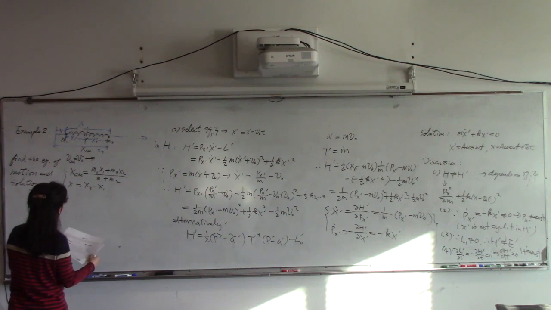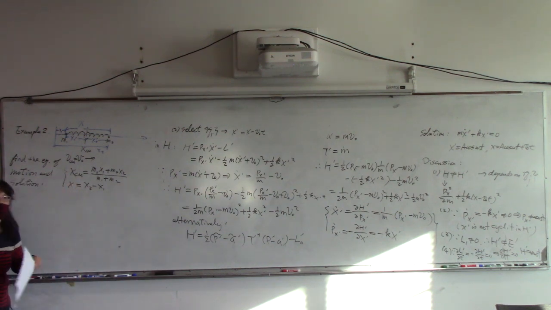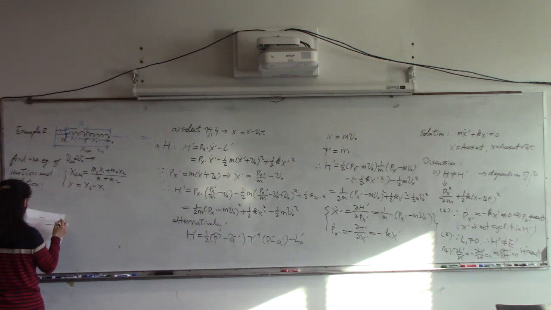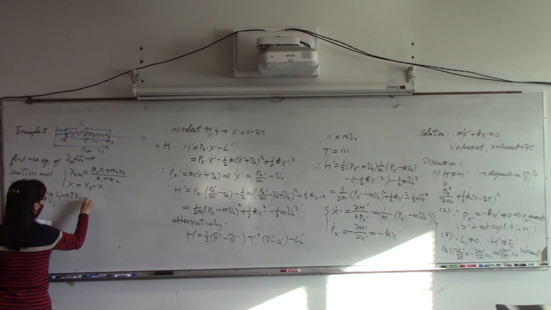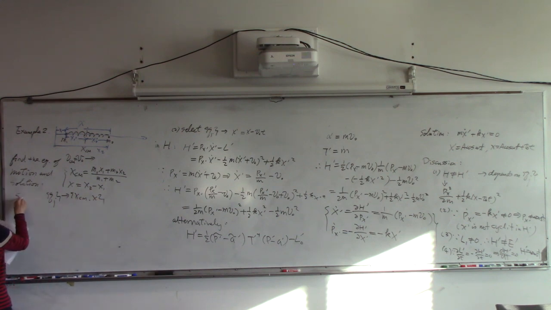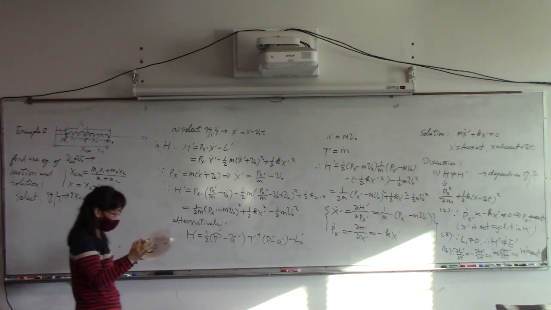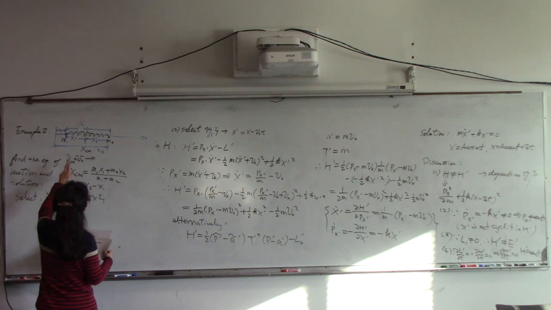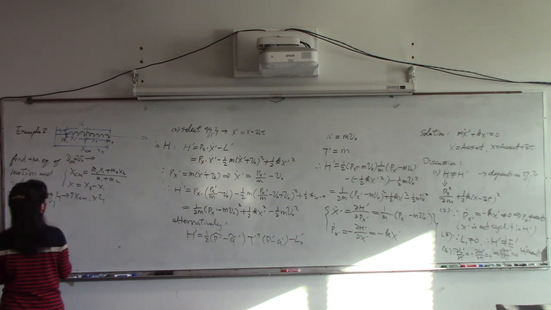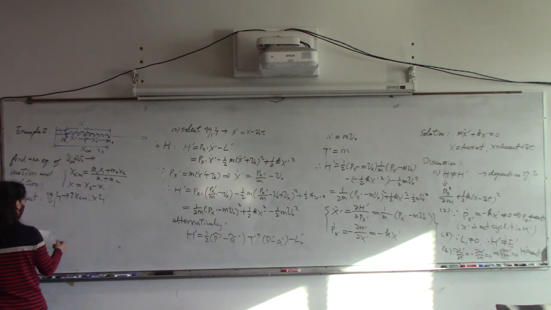And we are going to use these two as our generalized coordinates. So now we select X center of mass and X, because we know the motion is easier to separate into center of mass motion and relative motion, since we know the center of mass keeps a constant motion.